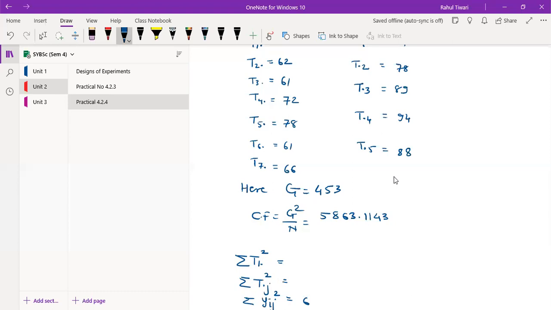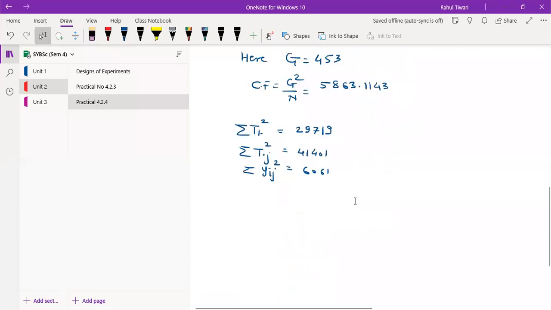So this would be 6061, this would be 41401, 29719. Just check whether this is right or wrong.